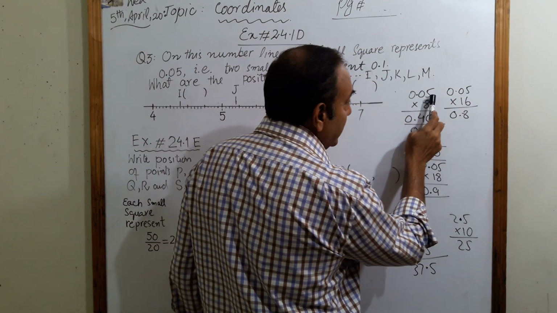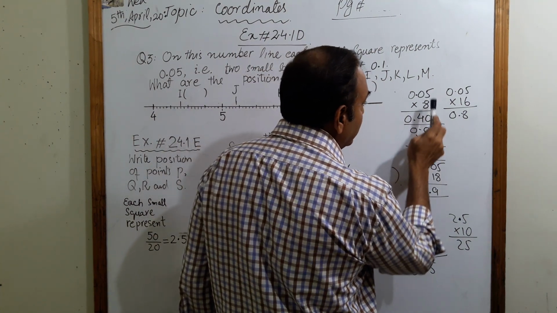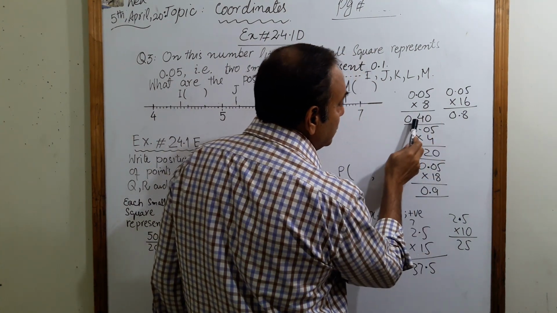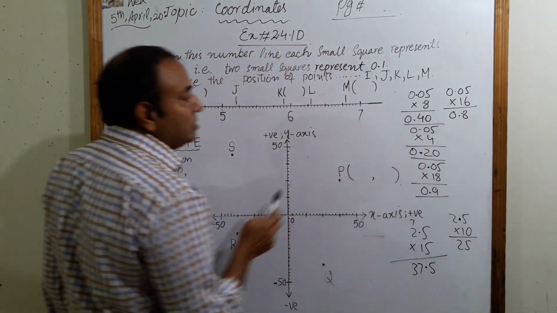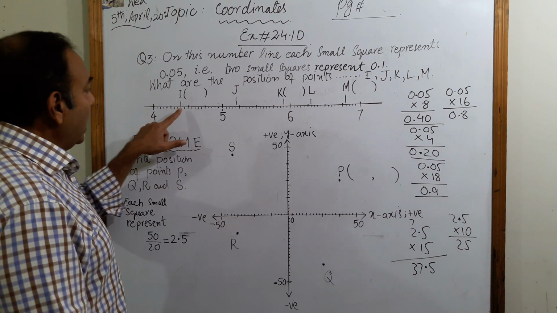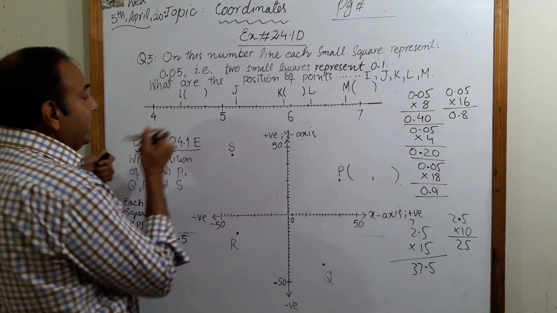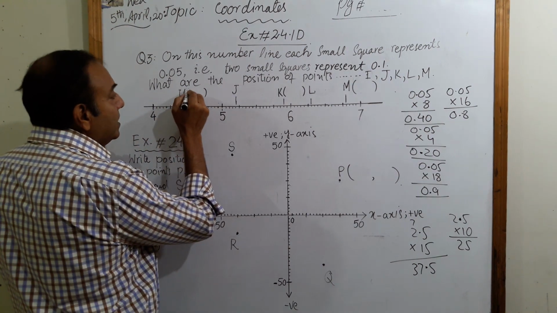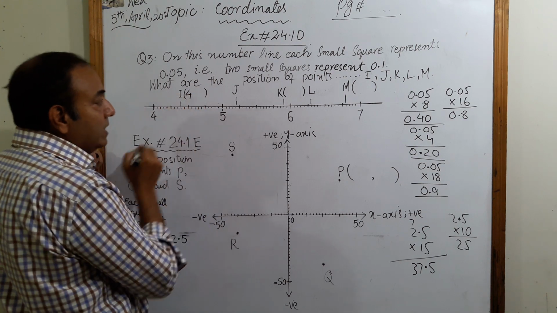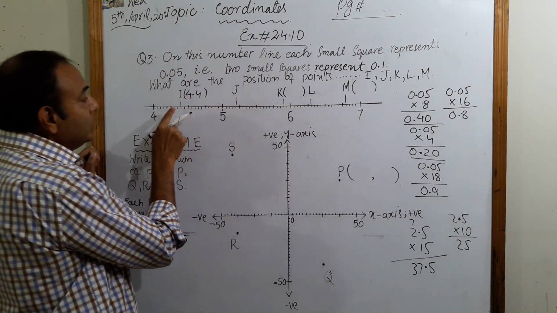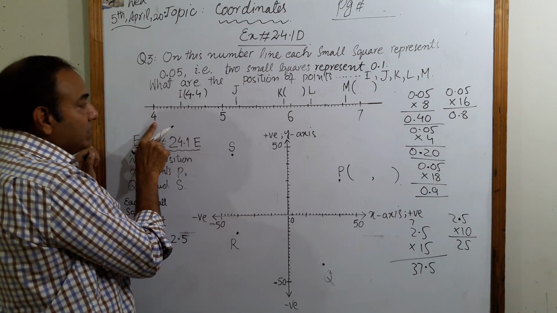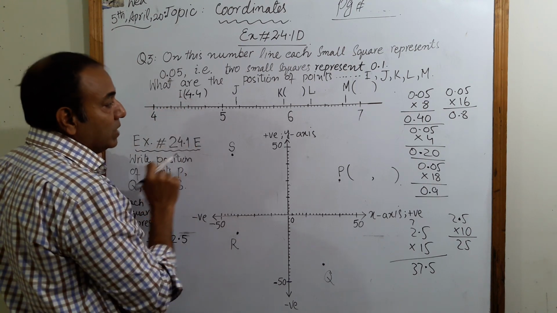So I will multiply 8 by 5. 8 5s are 40 and you have to put the decimal after 2 digits, so it will become 0.4. Now, don't forget, this point comes after 4, so you have to write 4.4.